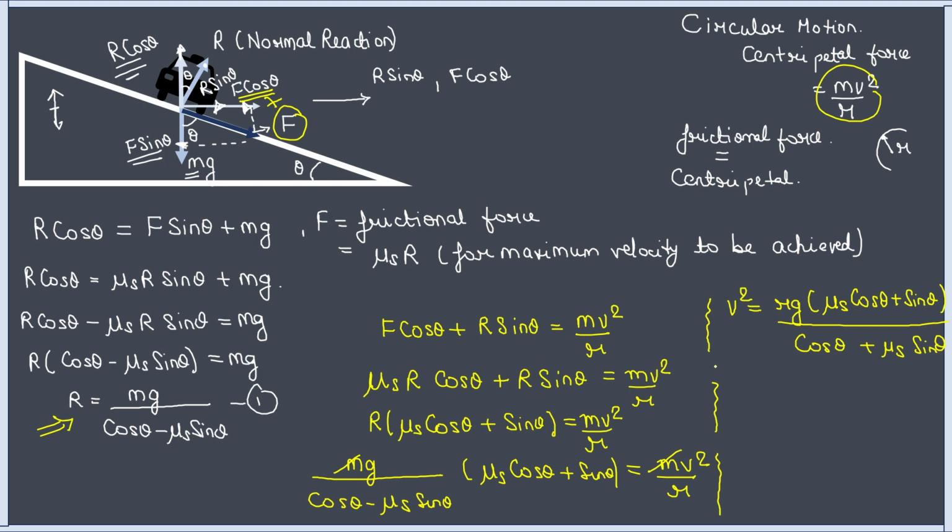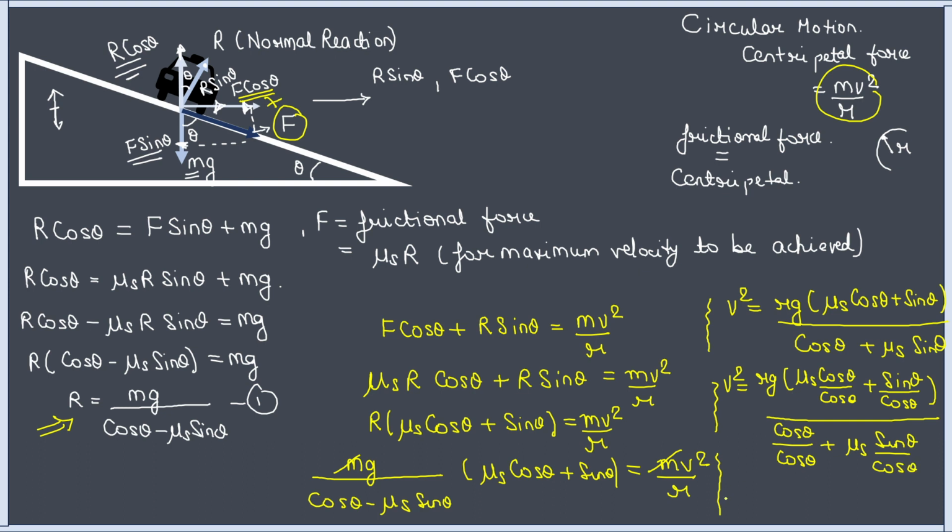Dividing numerator and denominator by cos theta, we get v square is equal to r g times mu s cos theta by cos theta plus sin theta by cos theta, whole divided by cos theta by cos theta minus mu s sin theta by cos theta.